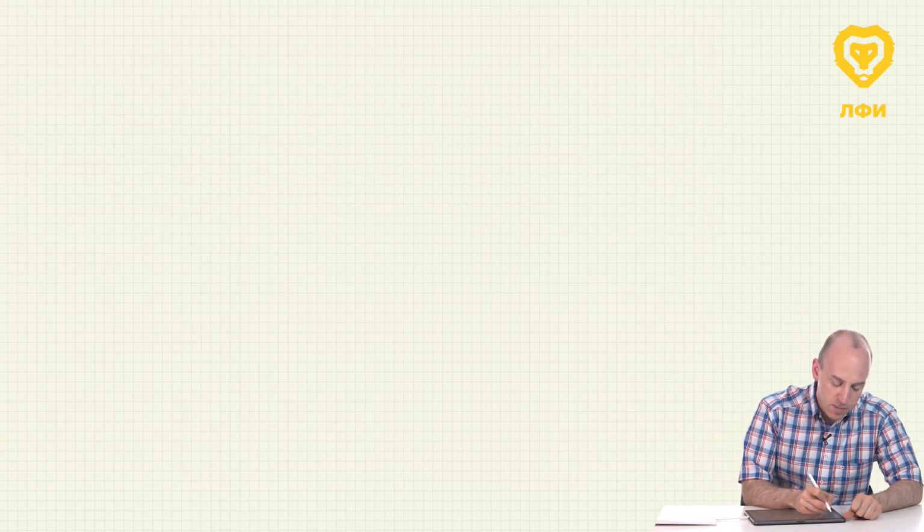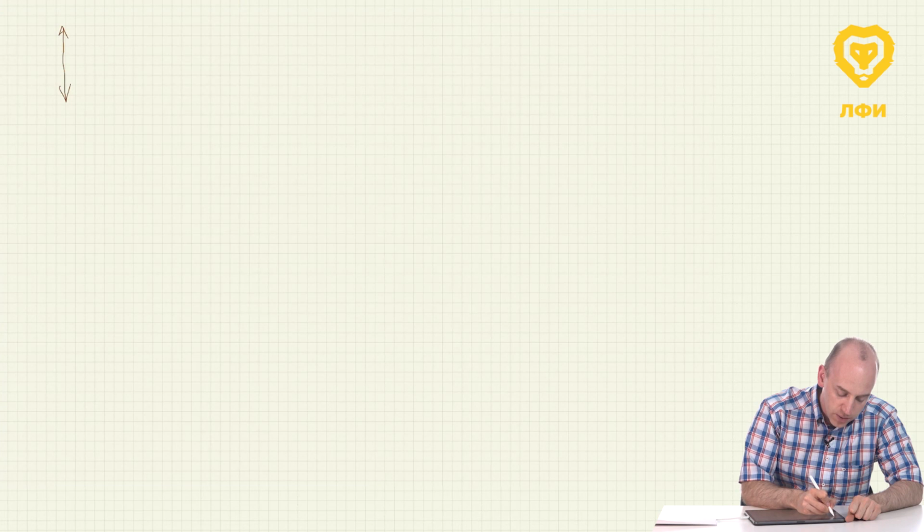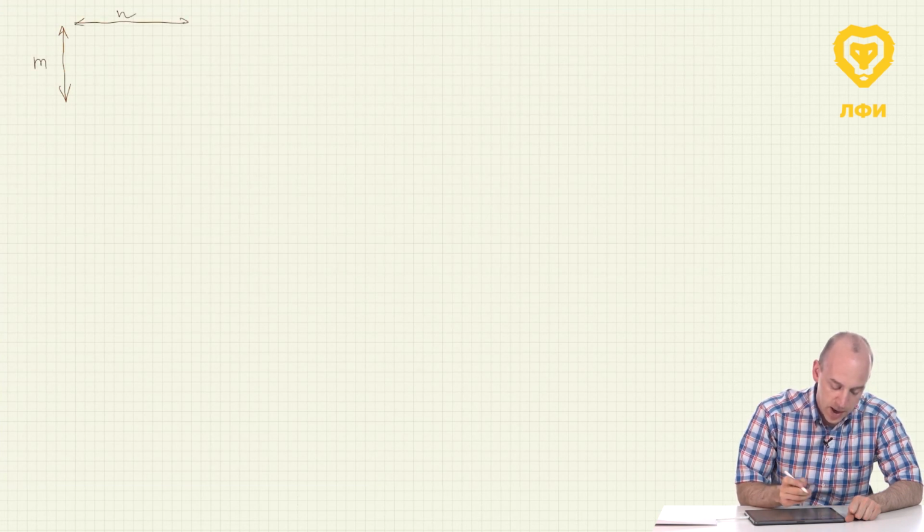But I'm going to start with the definition of what a matrix is. In fact, there is nothing special in the definition. So matrix is some table made of numbers. The table can be of any dimensions. And so if it has dimensions of m by n, we call it an m times n matrix.